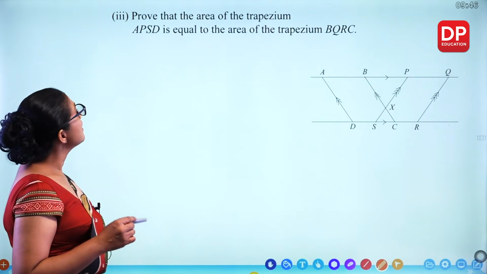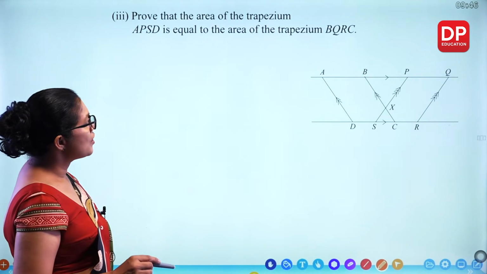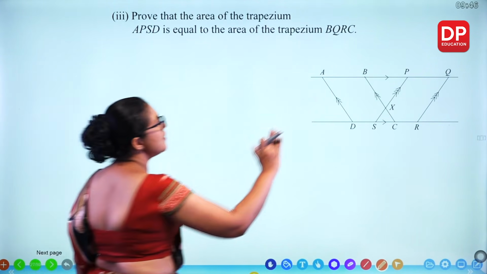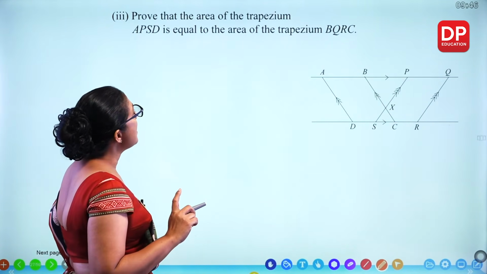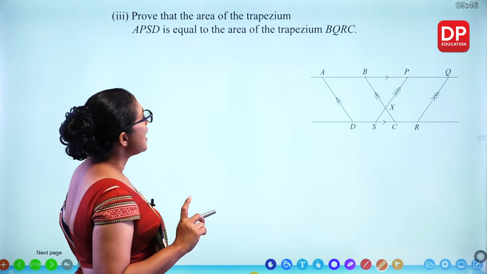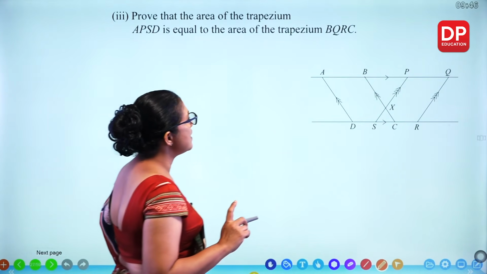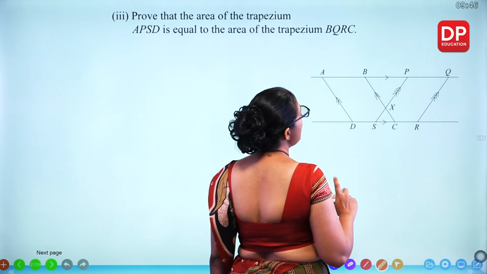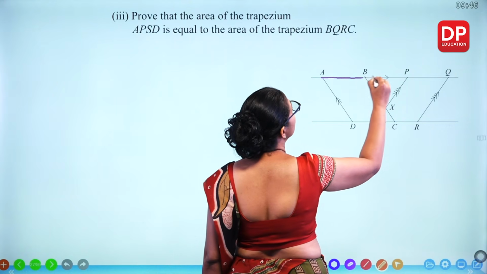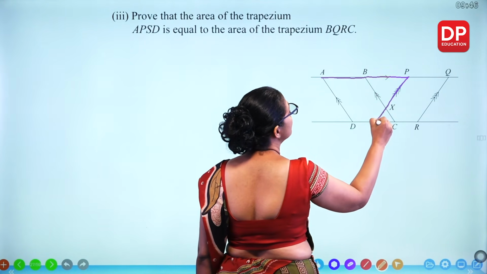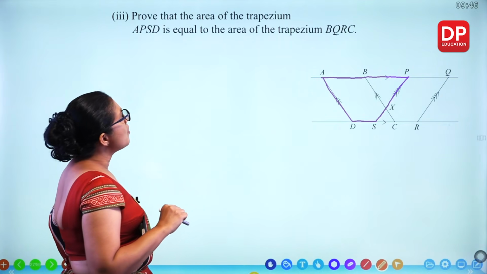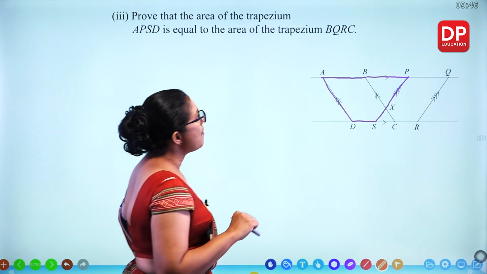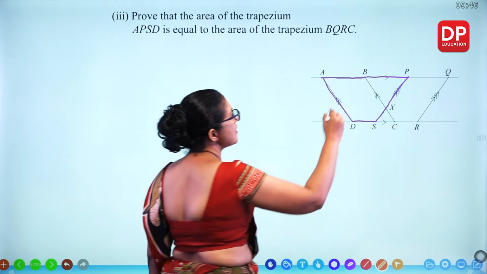Now we'll take the third part. Same question, third part. We found these two areas are equal. Now the third part, prove that the area of the trapezium APSD, this one, is equal to the area of the trapezium BQRC.